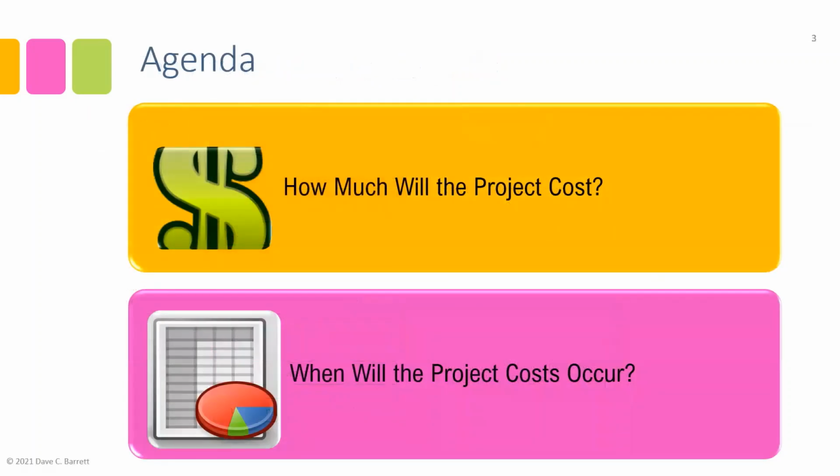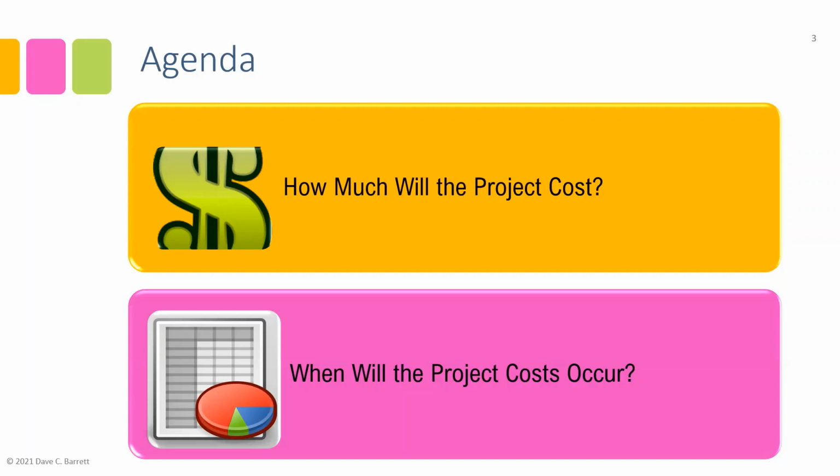For our agenda today, there are two main questions which we will ask. One is, how much will the project cost? That is a key question, and it's an unknown at the start of the project. As you recall, we have an overall budget defined in the project charter, but the mere mention of an amount in a charter does not make that the project cost.